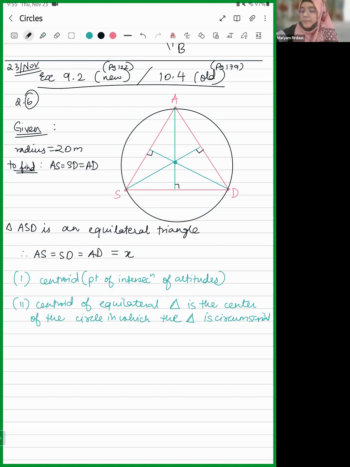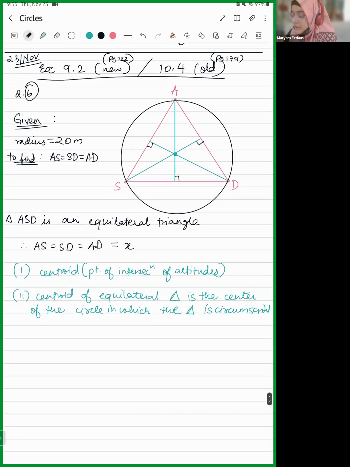Good. Okay, so let's come back to our proof. What we have shown over here is that it is the center of the circle. And now you guys know one thing about the line segment. Let me remove all the other distractions.